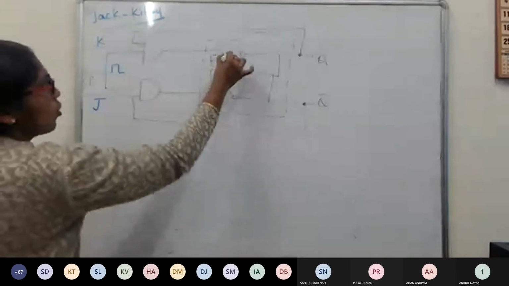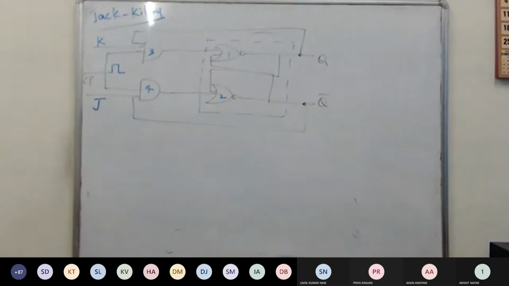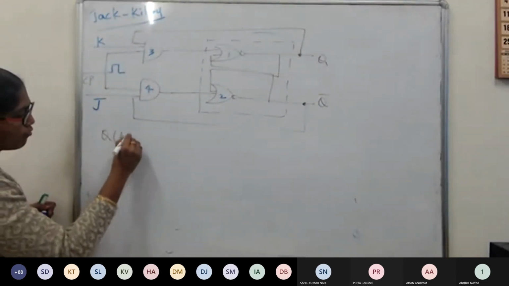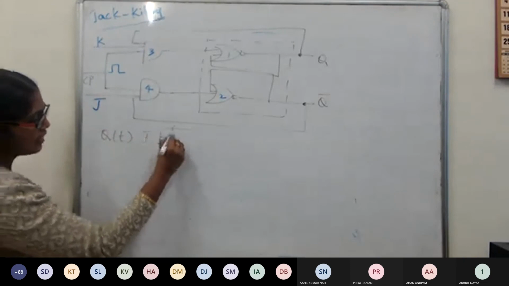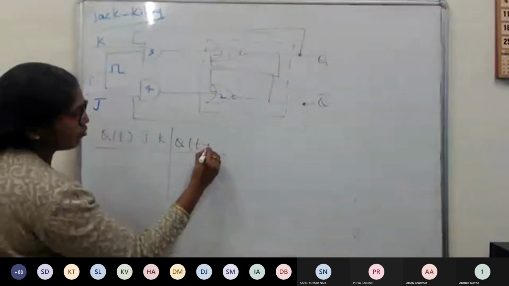The NOR latch, 1 and 2 you can take, and 3 and 4 are AND gates. Now Q and Q bar are like this. In order to analyze this, we have to go back to the characteristic table, take Q of T, J and K, and then determine Q of T plus 1.